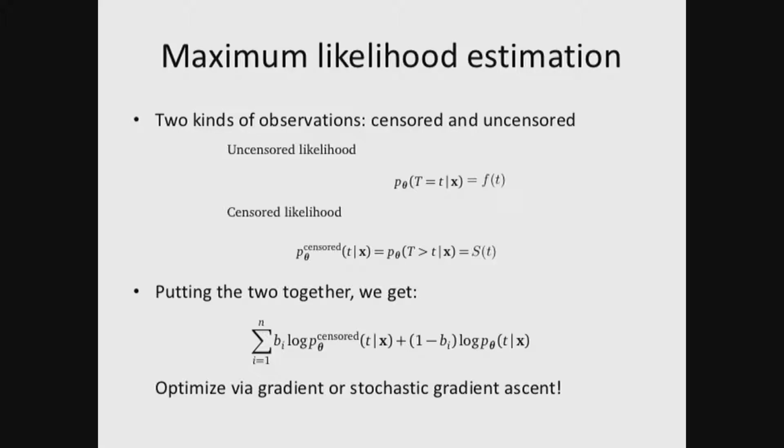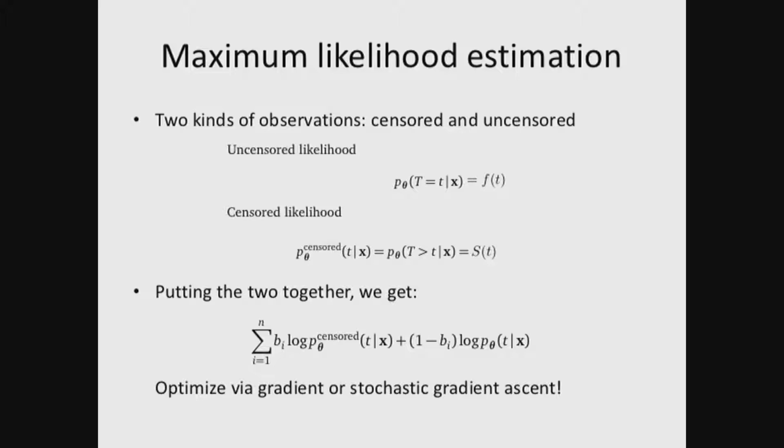And if b i is 0, it means the time you're given is the time that the event occurs. So here what we're going to do is now sum over all of the data points in your data set from little i equals 1 to little n of b i times log of the probability under the censored model plus 1 minus b i times log of probability under the uncensored model. And so this b i is just going to switch on which of these two you're going to use for that given data point.